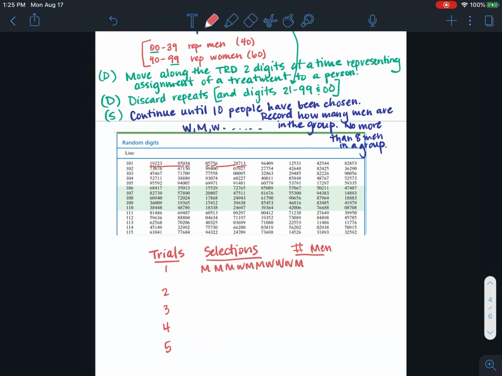Okay, so there are my selections, and I've assigned these people to a treatment. Out of these 10, 1, 2, 3, 4, 5, 6 were men.